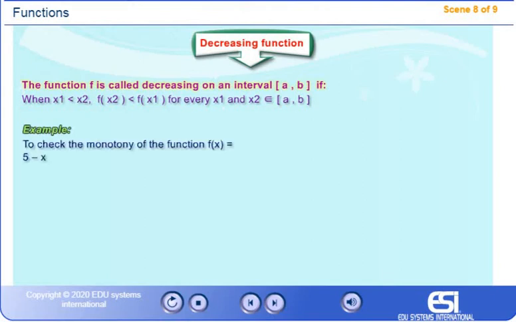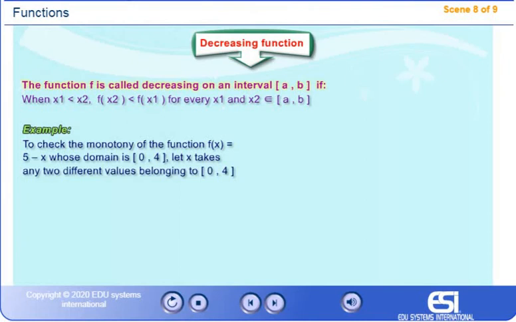Example. To check the monotony of the function f of x equals 5 minus x, whose domain is the closed interval [0, 4]. Let x take any two different values belonging to the closed interval [0, 4], like 1 and 3. f of 1 equals 5 minus 1 equals 4, and f of 3 equals 5 minus 3 equals 2.